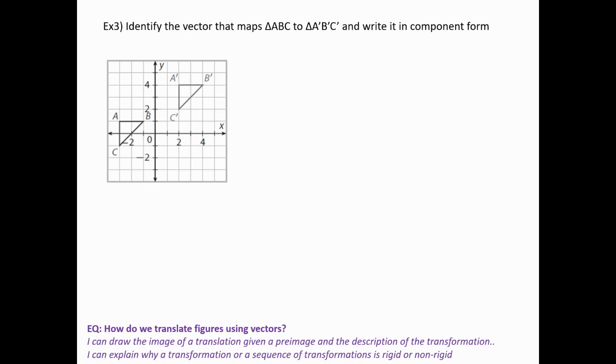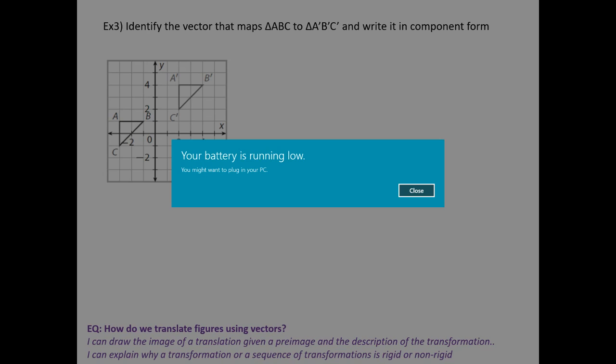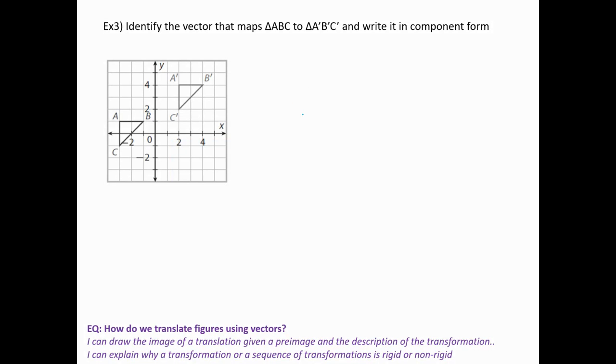All right, last example. Identify the vector that maps triangle ABC to A prime, B prime, C prime. So we're looking for how it moves, and we're going to write it in component form. We're going to check every single point. I'm going to start with A. How does A get to A prime?